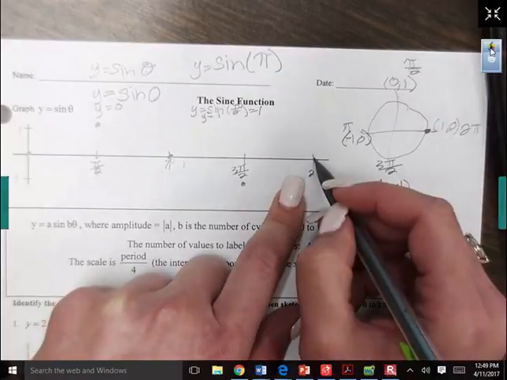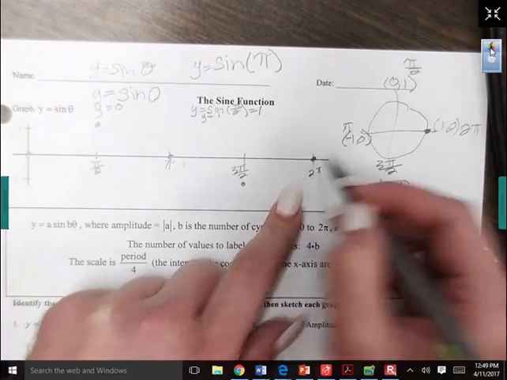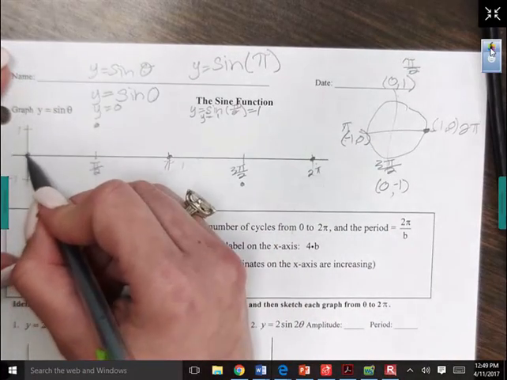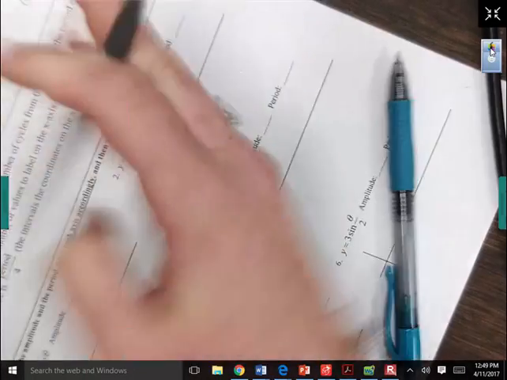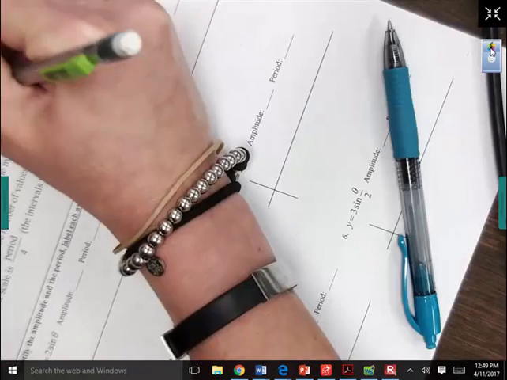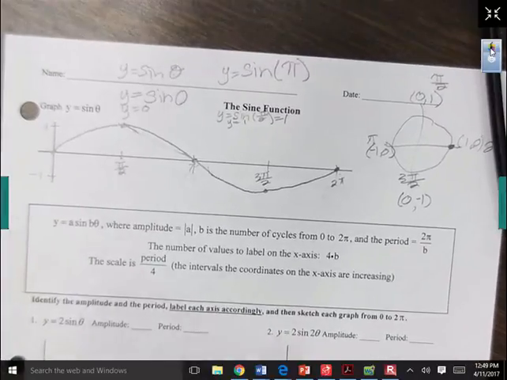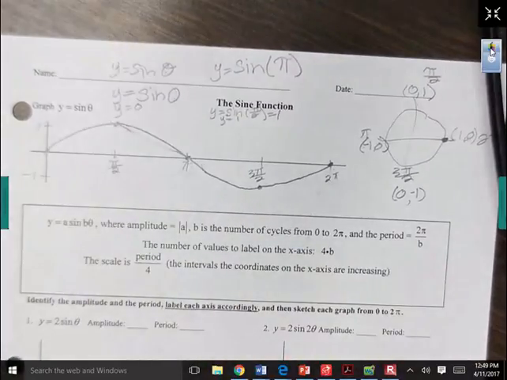So the sine would be 0. We create this periodic function. I didn't sketch it the most beautiful, but do you see how this is a periodic function? This periodic function, y equals the sine of theta, completes one complete cycle in between 0 and 2 pi.